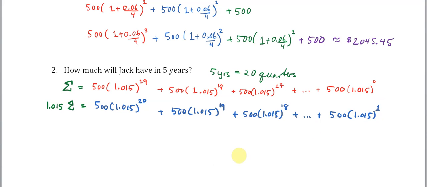Okay, and I know this seems very odd as to why I would do this, but the reasons will become a little bit more clear in just a moment. Just understand that if we take 1.015 and multiply by the whole thing, then this is what we would get. Okay. Now, next step, I'm going to take the top equation, which is sigma, and I'm going to subtract the second equation.